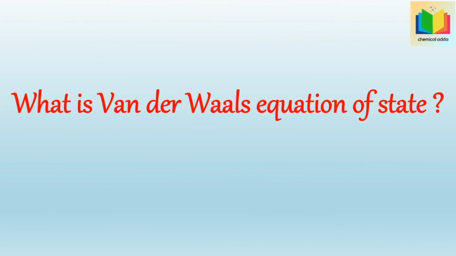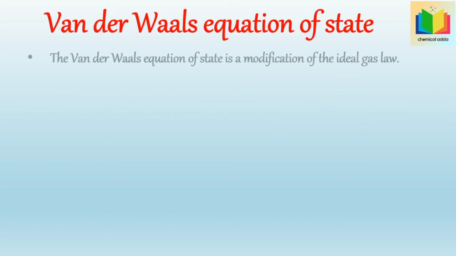Now, what is van der Waals' equation of state? So, the van der Waals equation of state is a modification of the ideal gas law, because the PVT behavior of gases differs from that predicted by the ideal gas law.